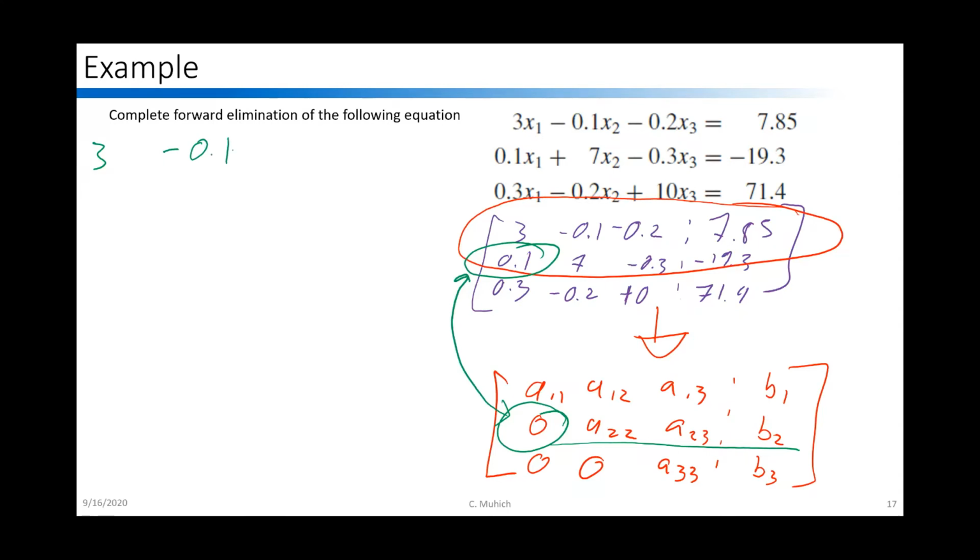So let's write out what that first equation might look like: 3, negative 0.1, negative 0.2, and 7.85. We want to multiply it by something, so x times all of this, such that x times 3 is equal to this first value, equal to 0.1.